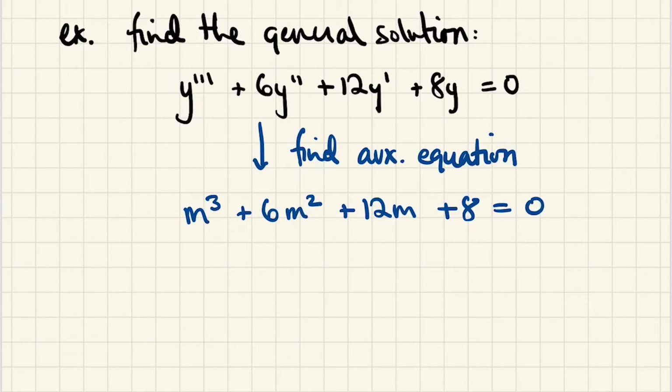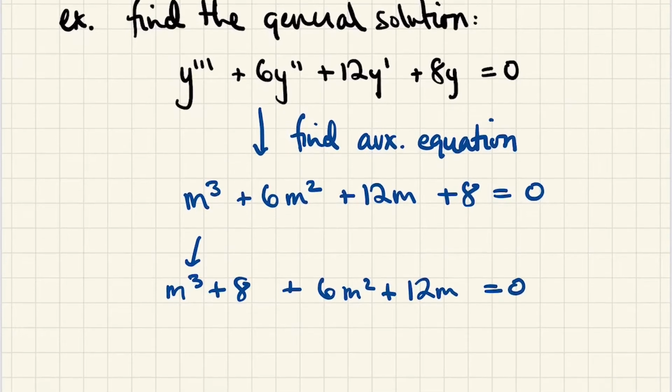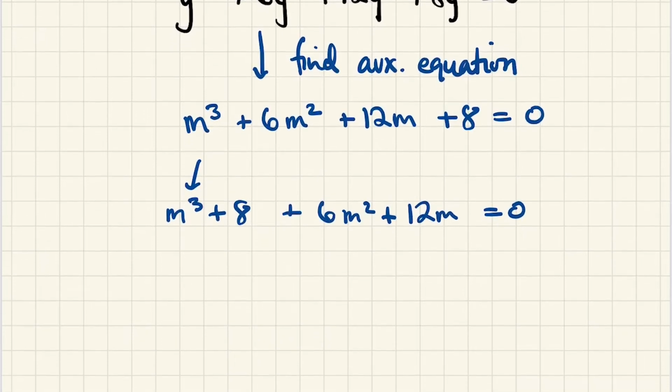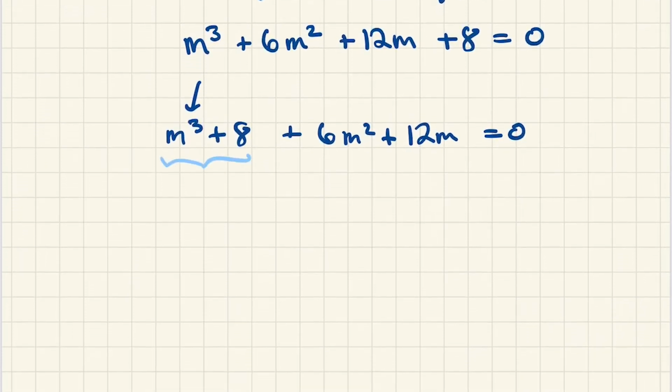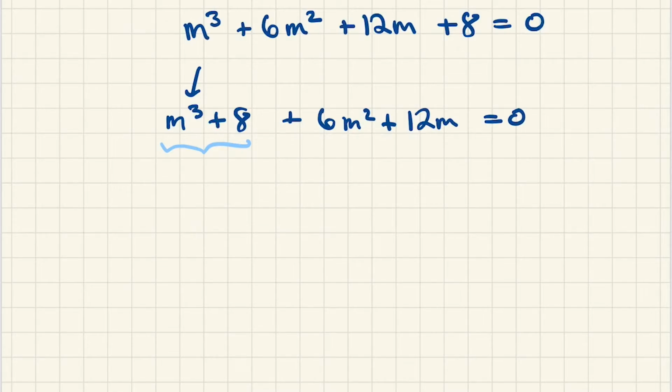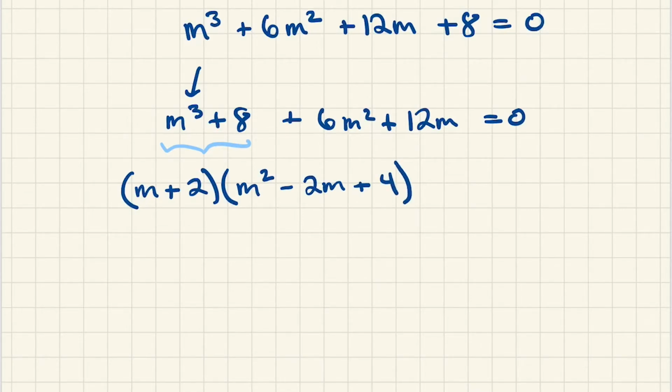In this case, we're going to notice that if we pair the m cubed with the 8, just by rearranging the terms, we can at least factor this as a sum of cubes using the SOAP formula. So this is m plus 2, and then m squared minus 2m plus 4.